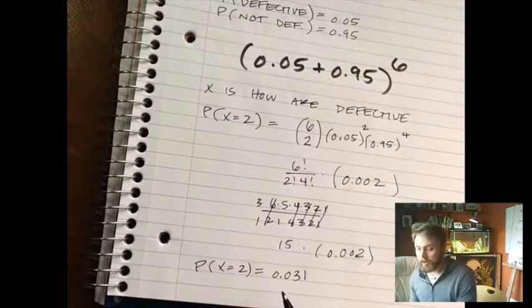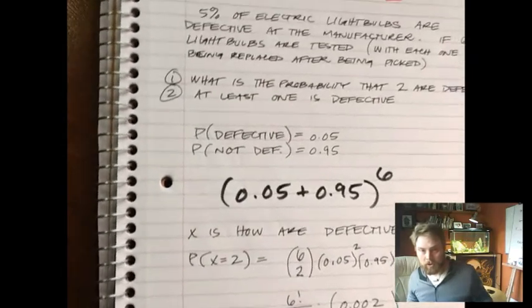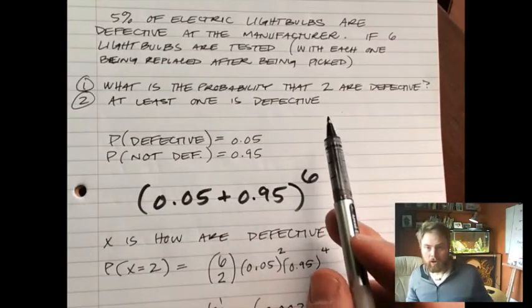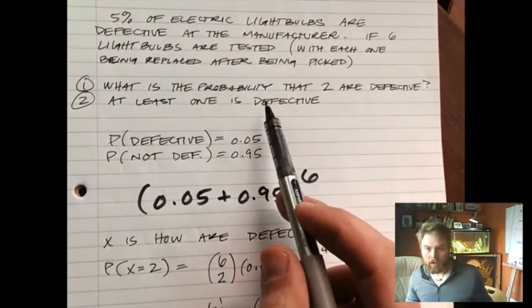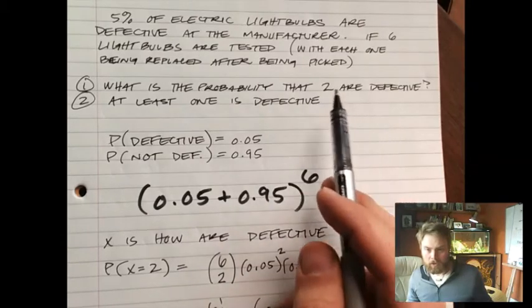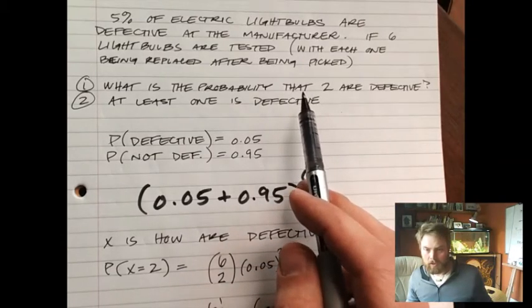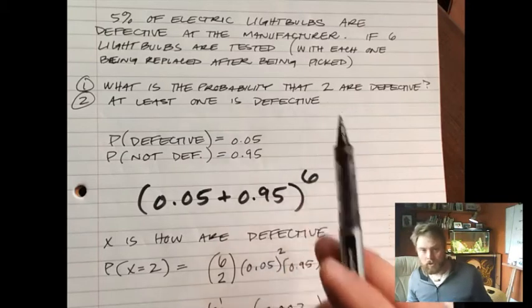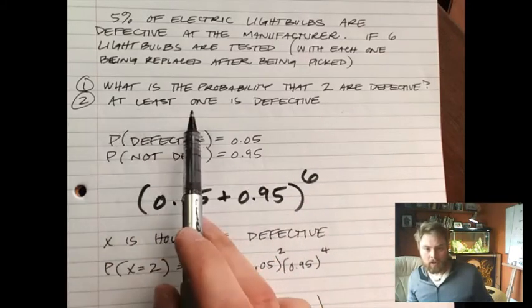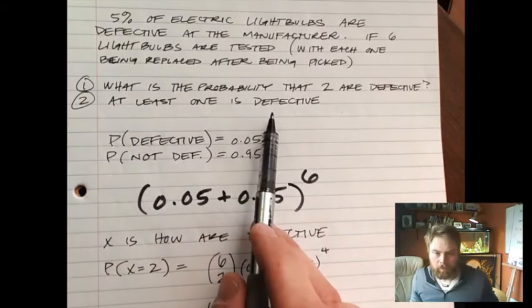All right, so that was the first part of this. Probability there are 2 defective, and that implies exactly 2. Didn't say here that there's at least or at most. This does say at least 1 is defective.